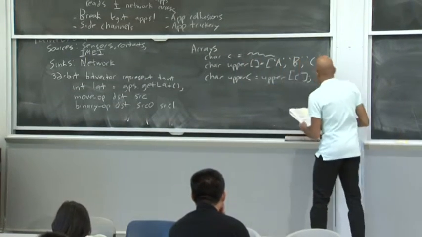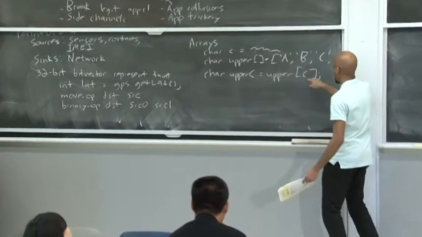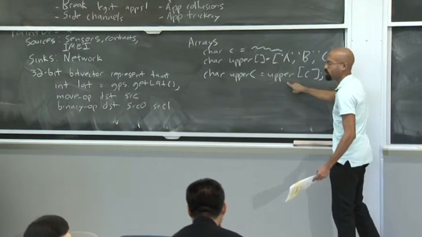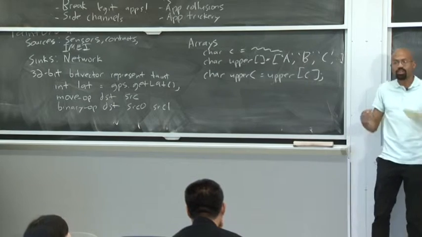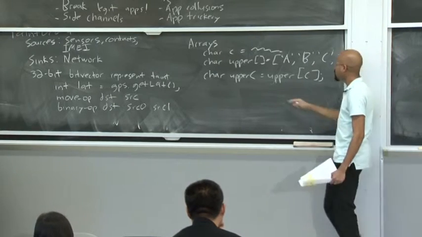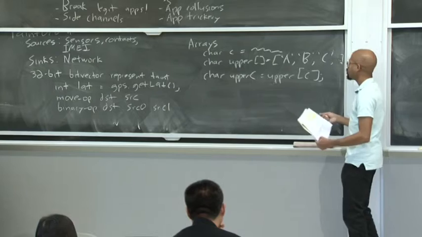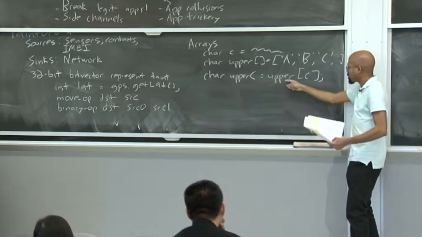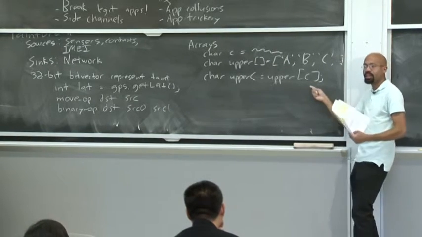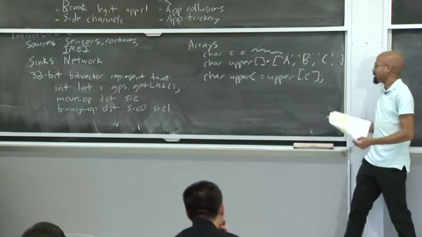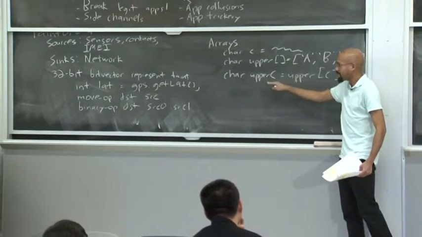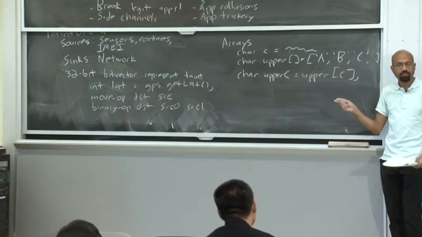This character is going to get the union of the taint of c and also of the array. The intuition is that to generate this character, we had to know something about this array and something about this index. So it makes sense that the result should be as sensitive as both of these things combined.